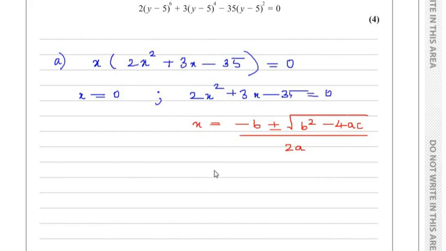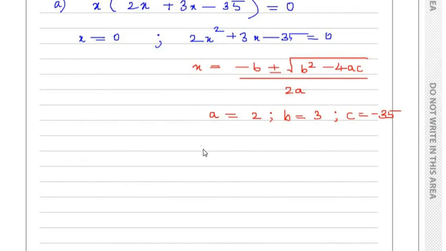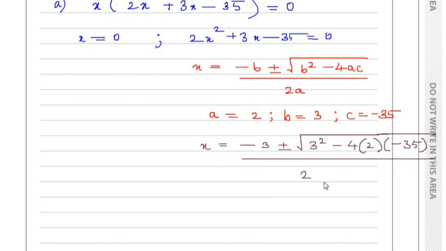Now we can write the a here as the first coefficient of x, which is 2, and b is going to be plus 3 and c is going to be minus 35. So using these values and substituting in this formula, we get x is equal to minus 3 plus minus square root of 3 square minus 4 times 2 times minus 35 over 2 times 2.